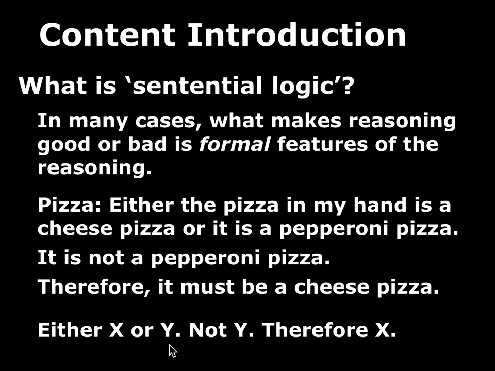Now there are more advanced courses in logic that look at the form you get when you look at not just sentences, but names and predicates and modals and things like that. So this is kind of the most basic version where we're looking at the form you get on the basis of sentences.